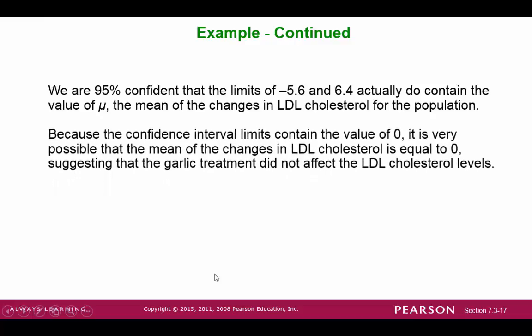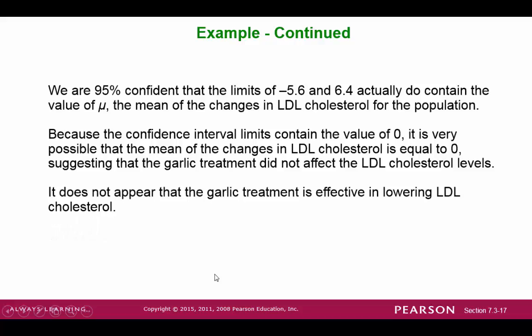Because the confidence interval limits contain the value of 0, and the value of 0 is the idea that there is no change, it is very possible that the mean of the changes in LDL cholesterol level is equal to 0. So this suggests that the garlic treatment really does not have an effect on cholesterol levels. So we can state that also in words. It doesn't appear that the garlic treatment is effective in lowering the LDL levels.